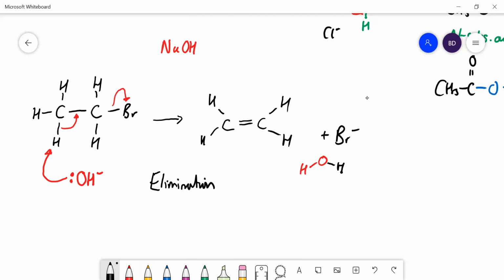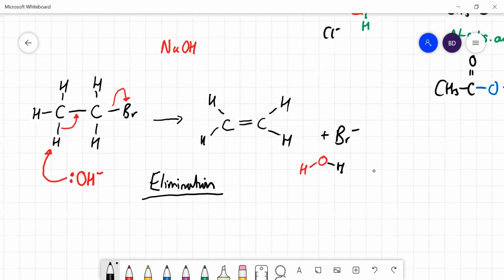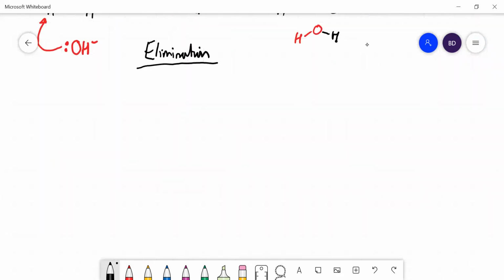Now, pretty similar to elimination, in that you form an alkene as a product, we're going to talk now about dehydration of alcohols. Okay, this is a year 12 one as well.